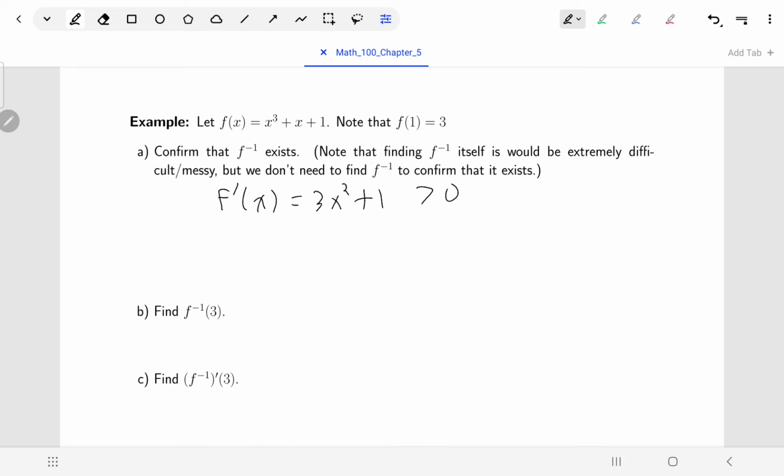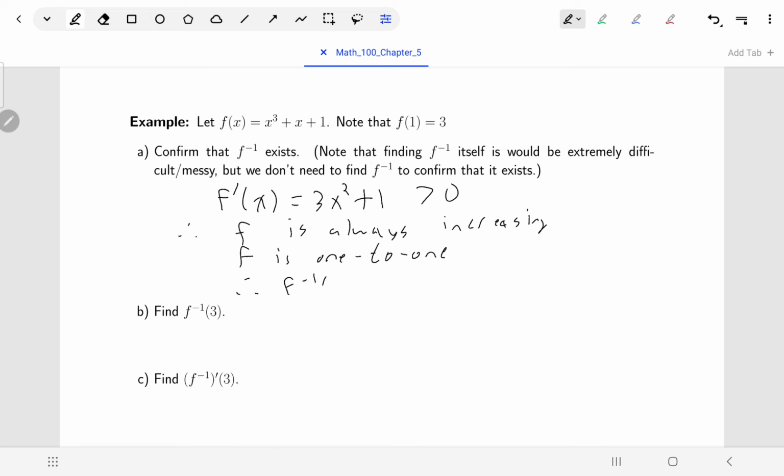So my derivative is always strictly greater than 0, which means f is always increasing. And if you're always increasing, if you are strictly monotonic, then you're going to be one-to-one. So hooray for me, we're a one-to-one function. And that means we are therefore invertible.